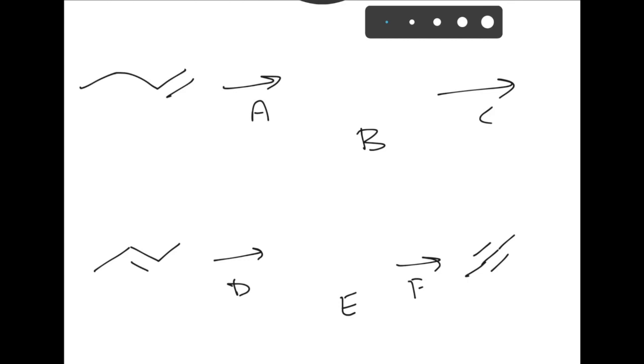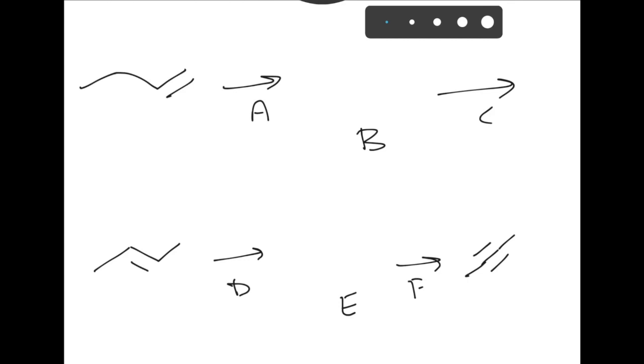Sometimes you need to look at these and take the easy spots, right? So if you look at A, B, and C and you're like, I don't know right now, move on to D, E, and F. D, E, and F is something we just did.